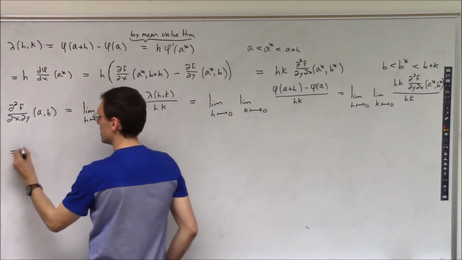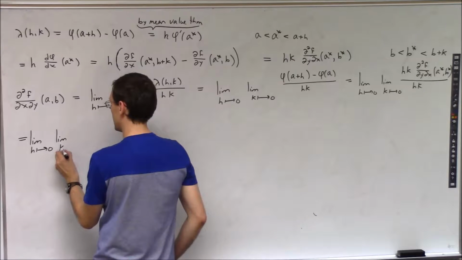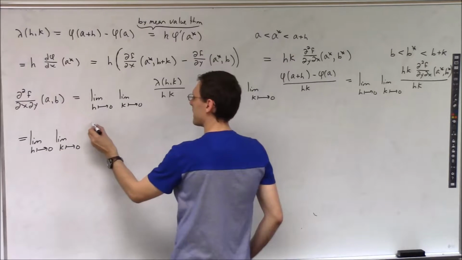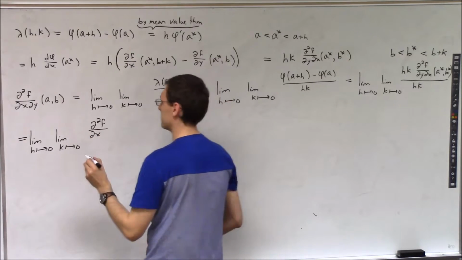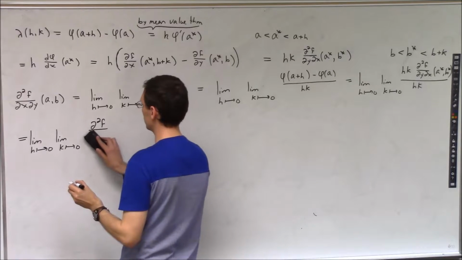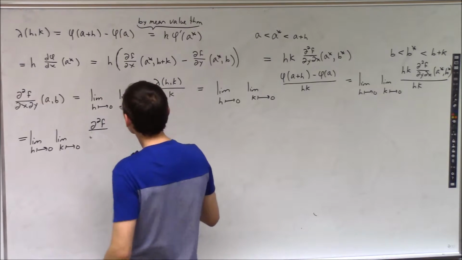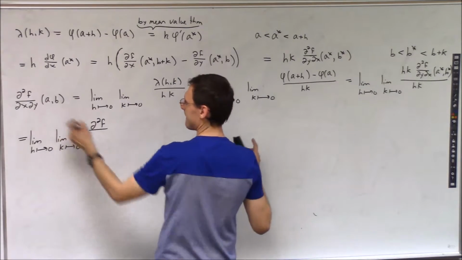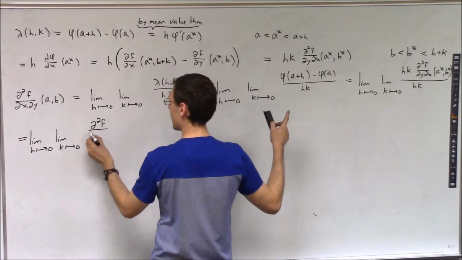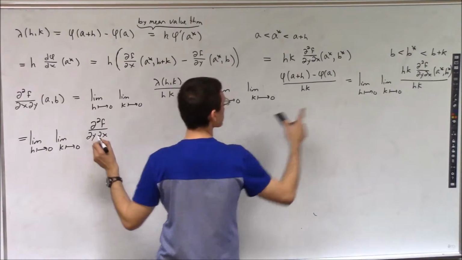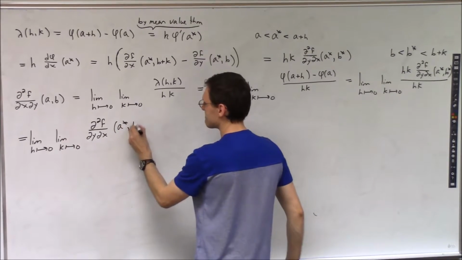And what you get is, this is just limit as h goes to 0, limit as k goes to 0 of the mixed partial dy dx, you see it's dy dx at a star b star.